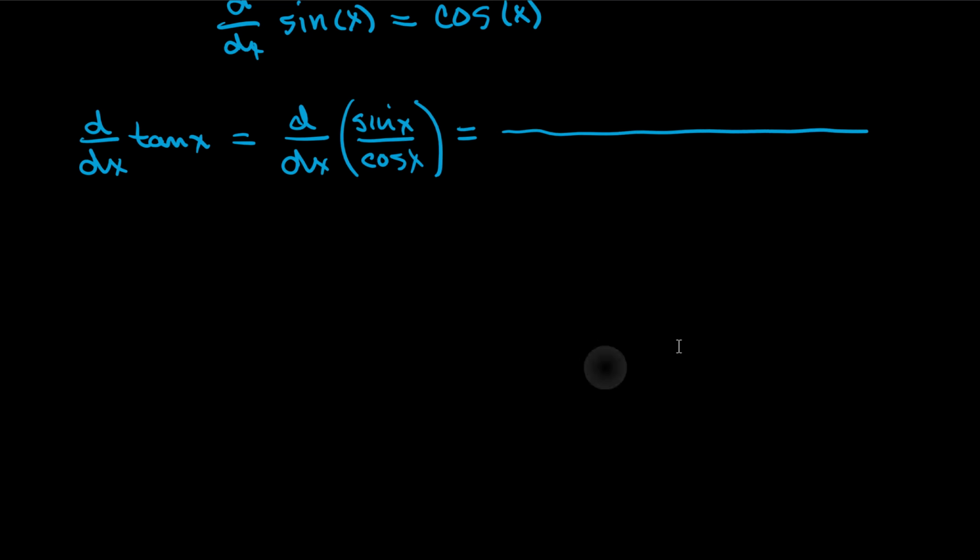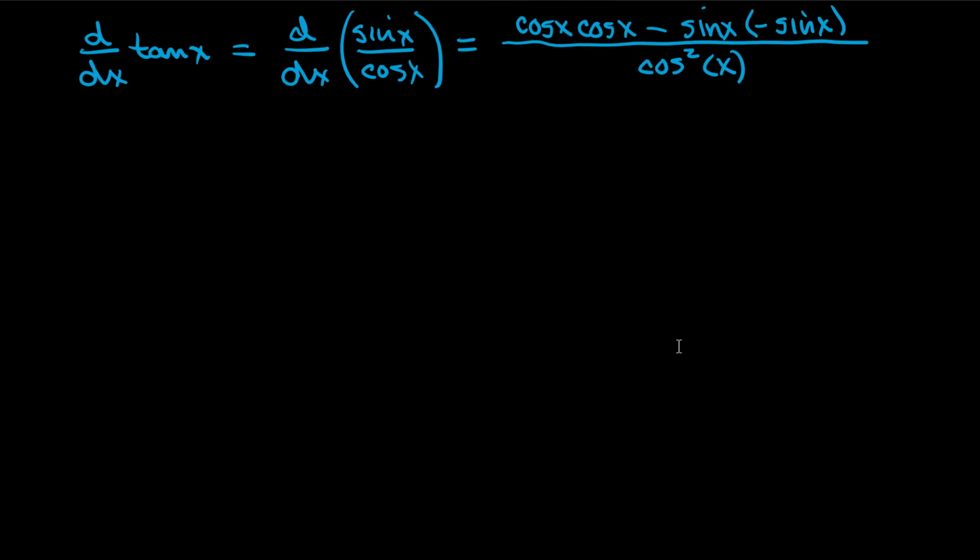First off, I'm going to do the cosine squared in the denominator. That's pretty easy. Might as well get that done before it gets overlooked. Now remember, we're going to do the derivative of the numerator. The derivative of sine is cosine. So we're going to have cosine of x times the denominator, which is the cosine of x, minus the numerator, well, that's the sine of x, times the derivative of the denominator. Be careful, this is negative the sine of x.